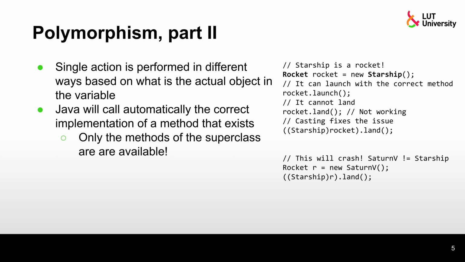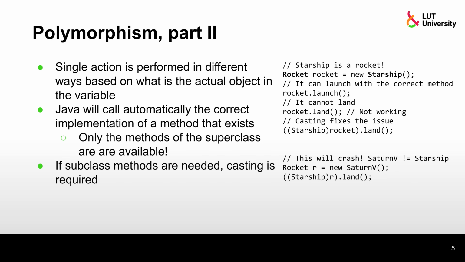But only those methods are available that exist in a superclass. So that's why the landing method won't work. And if we want to use the subclass method from a reference that is of the type of a superclass, then we need to do the casting.